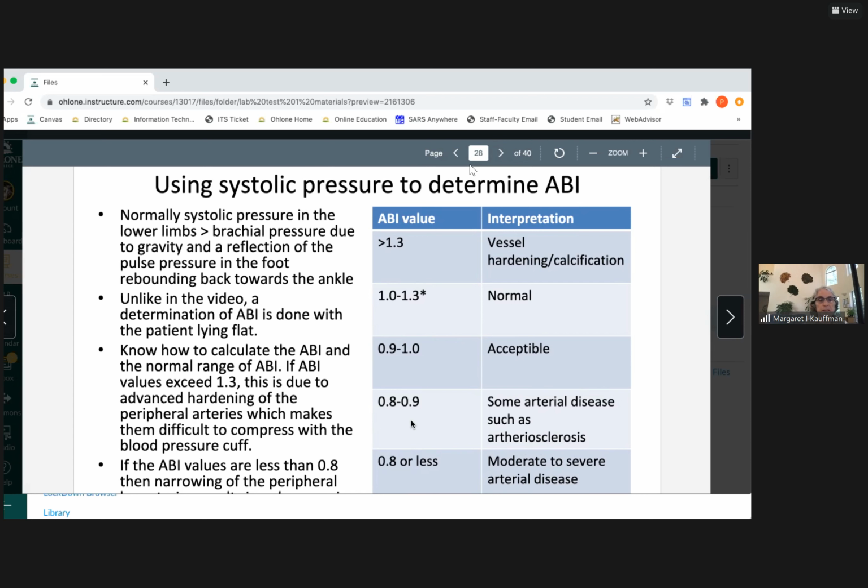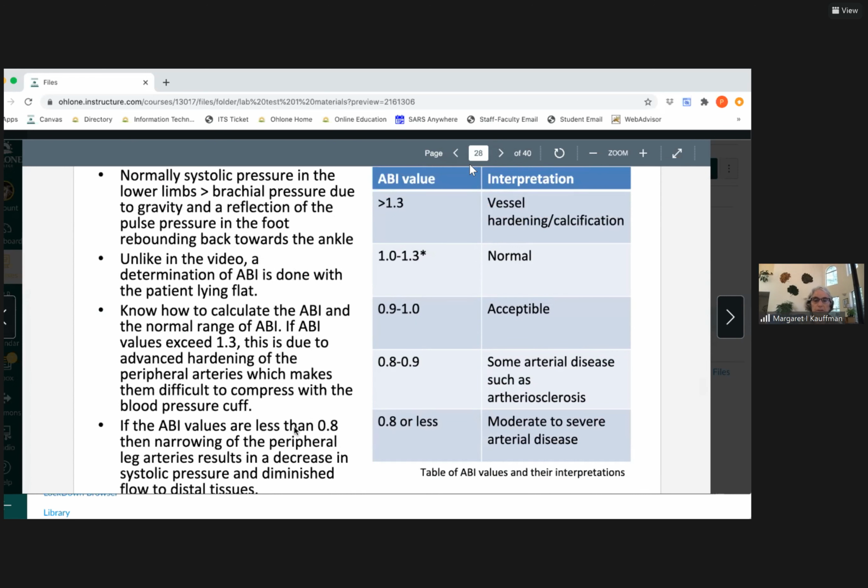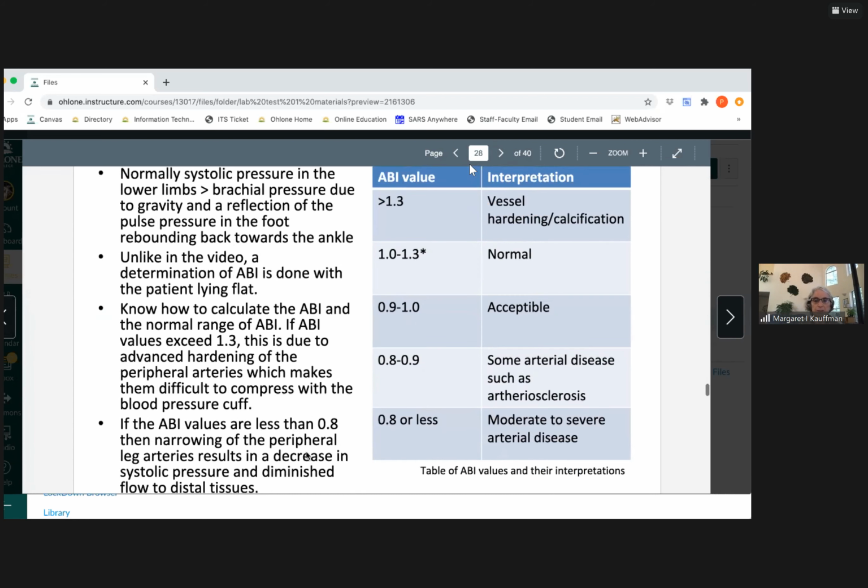Why you would get higher values when you get hardening is because the vessel itself is not able to accept the blood as easily. So again, go through this. This is all in the Mastering, and it was kind of my backup plan.